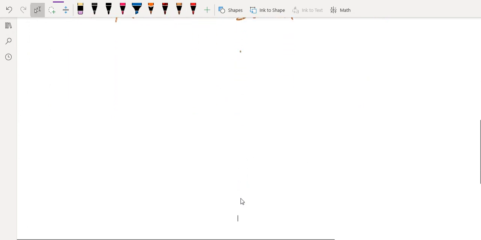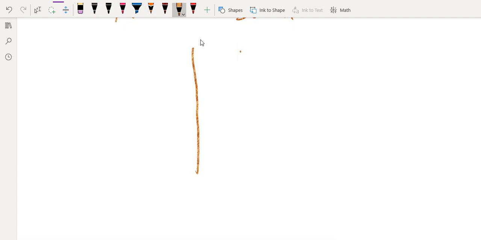Okay, now look up here. Look to the screen. Now if this is a cardinal or straight line, let's try to get a straight line.